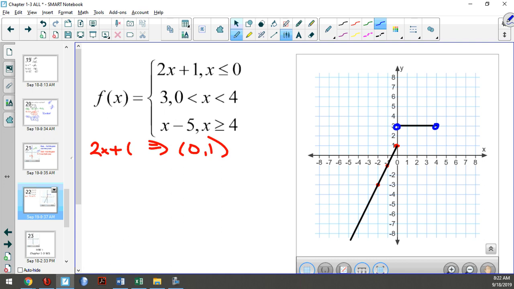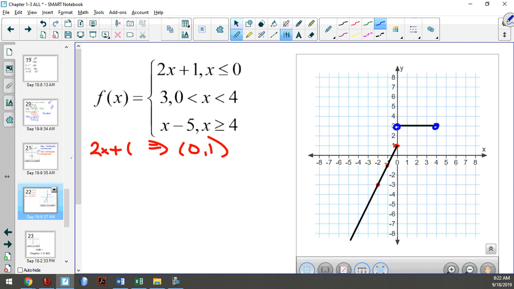Okay, 0 is less than x, which is less than 4. So I can't evaluate this function at x values smaller than 0 or greater than 4. I can only use it between the values of 0.99999 all the way up to 3.99999.